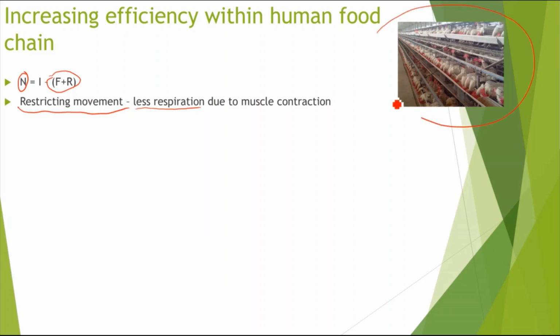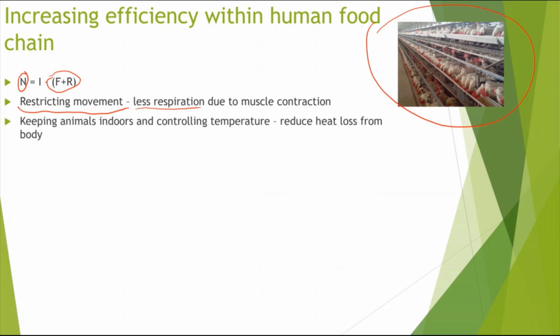So for example, in this, the chickens are in these cages, so they aren't really able to move around, and so there will be less respiration because there will be less muscle contraction, and that's why less energy will be lost.